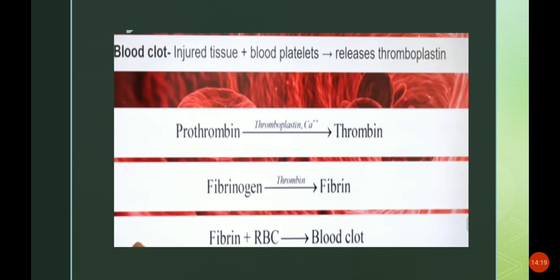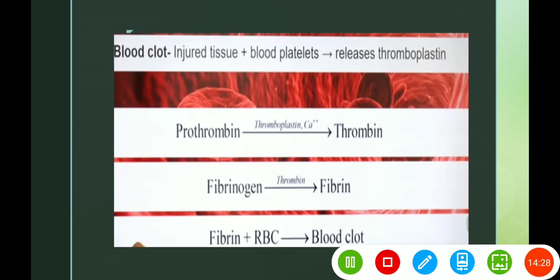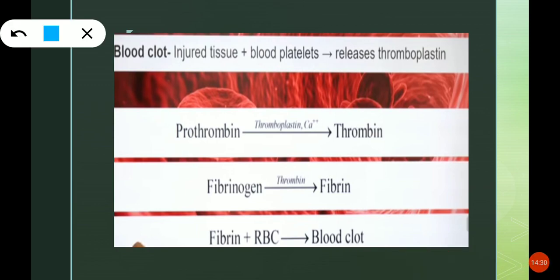Thromboplastin is the one thing that is released by blood platelets. This thromboplastin acts on prothrombin, which is one material present in blood. We have already discussed that in plasma there are many proteins present.